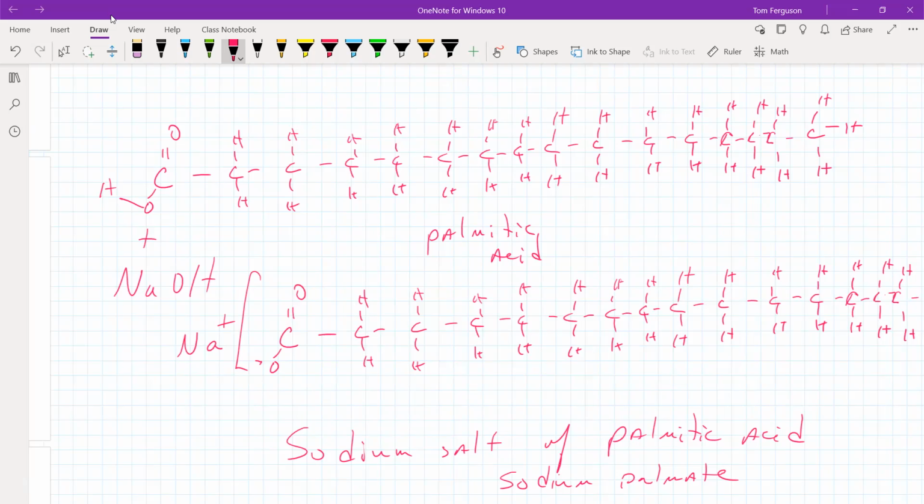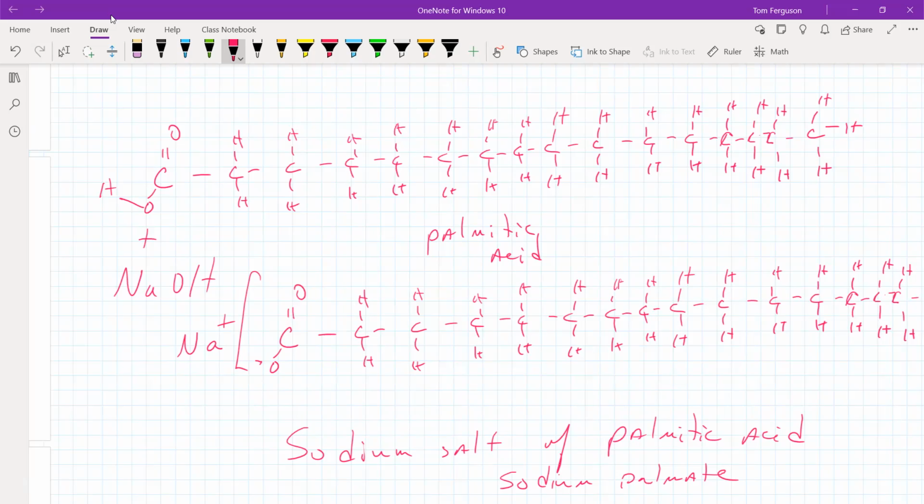And these are very common in our bodies. There's one called lecithin. That's what they use to make mayonnaise with. Lecithin is big time in egg yolks. So if you make homemade mayonnaise, you need to use an egg yolk. And the egg yolk supplies the emulsifier lecithin that keeps everything all mixed up, the oil and the vinegar that makes mayonnaise.